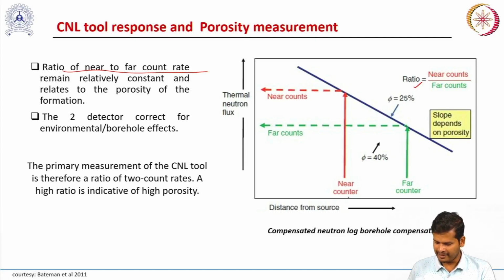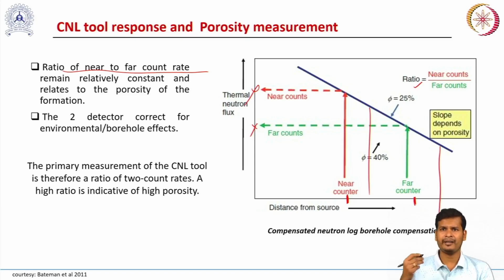For example, let's say the near detector is here and the far detector is here. So I will have some near count and I will have some far count. So accordingly, I will get a point on this line. Then I can use a different near detector spacing and a different far detector spacing, keeping the property of the formation constant. I will have a different data point.